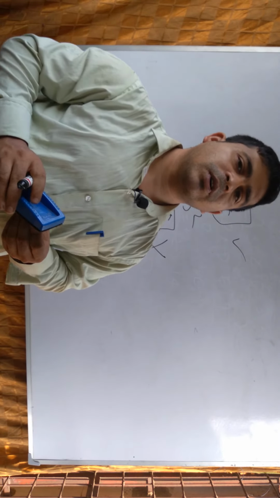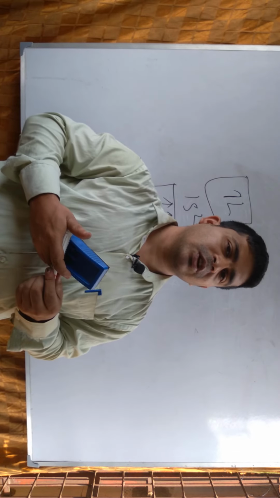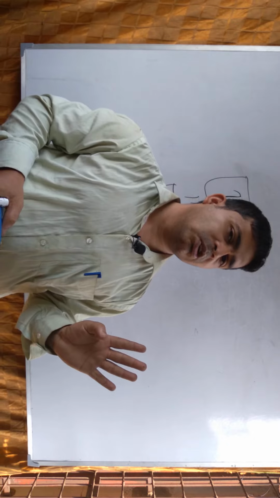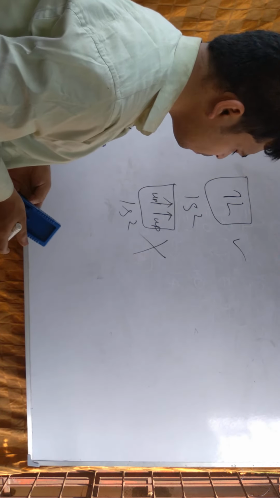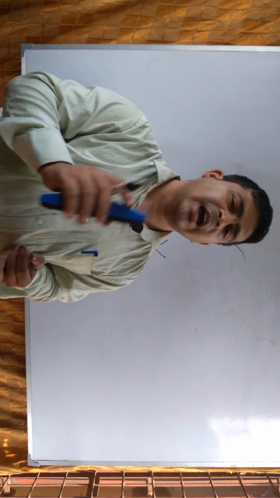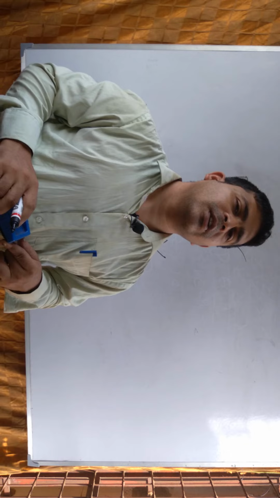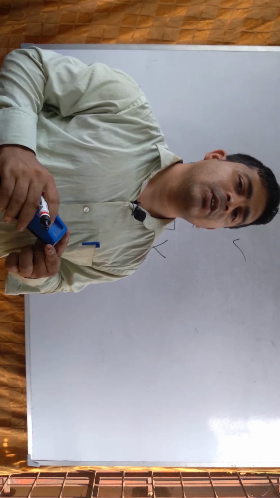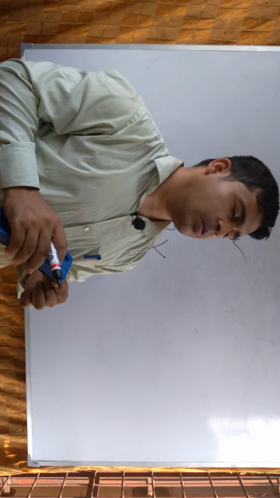Pauli's exclusion principle says that one quantum number value must be different for 2 electrons, so this one is violating it. Before writing an electronic configuration we must always keep in mind that it obeys Pauli's exclusion principle, otherwise the electronic configuration becomes a wrong configuration.